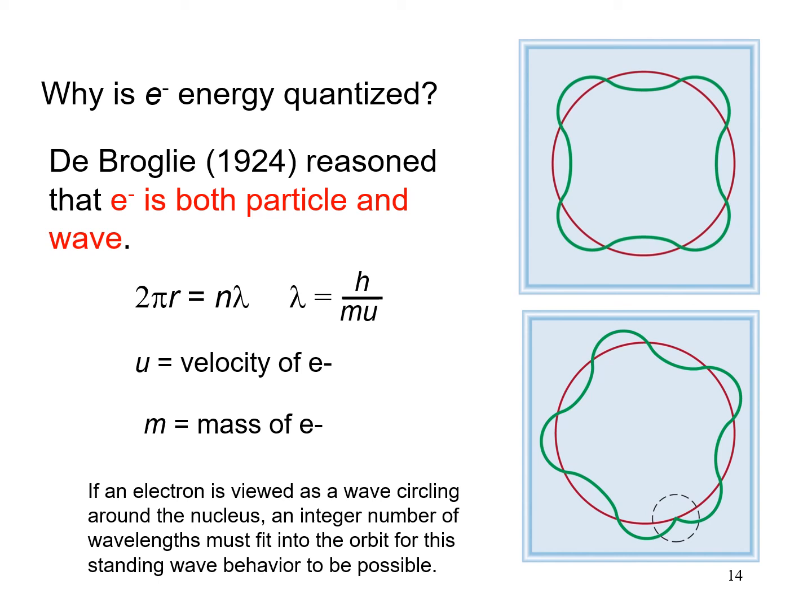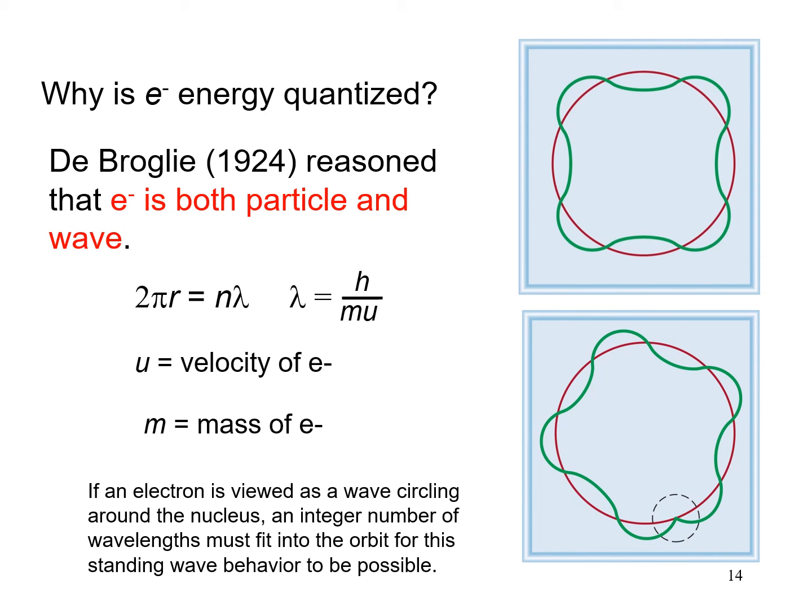Getting back to the integer point, let's focus our attention for a minute on these figures. And notice that an integer has to be incorporated into an equation that describes a wave-like behavior for an electron, because the electron is circling around the nucleus, and it has to be an integer number of wavelengths in order for a standing wave to fit into an orbit.